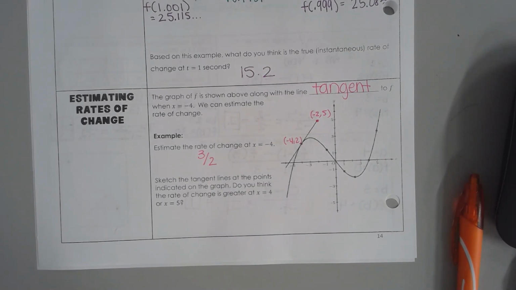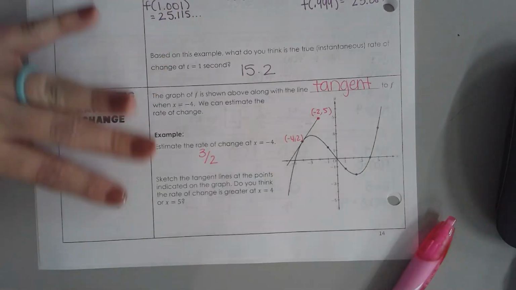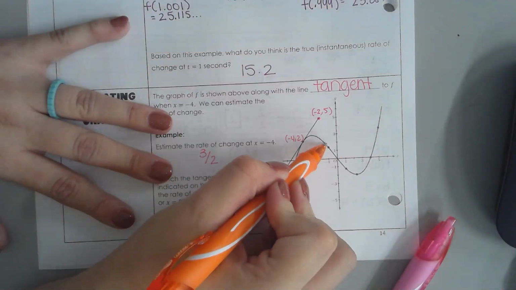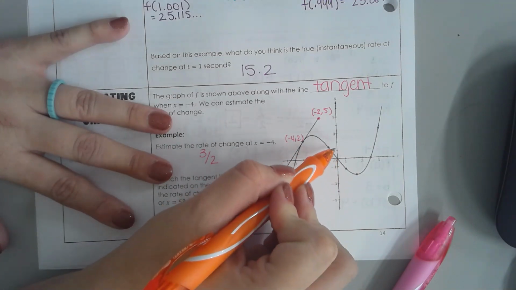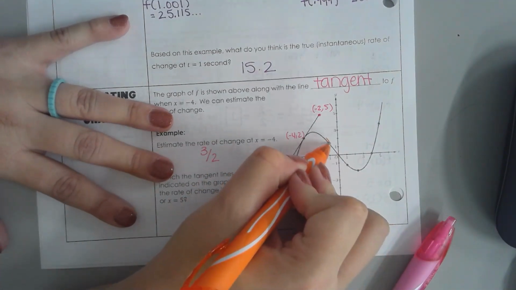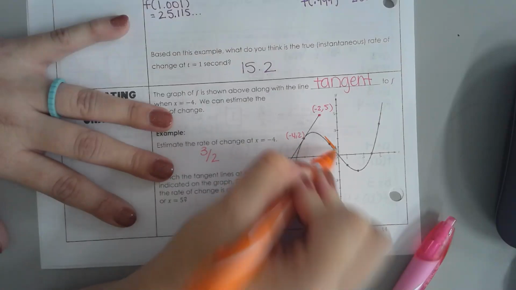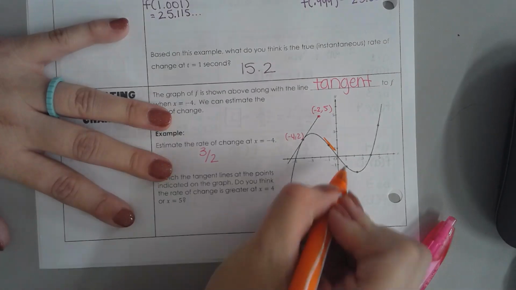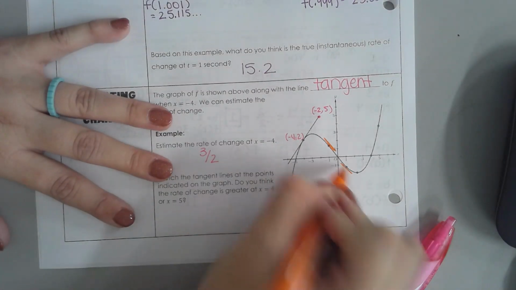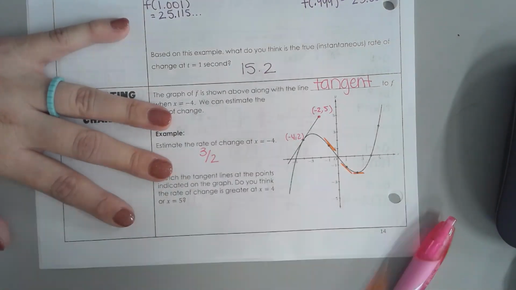They're kind of hard to draw. So if I draw a tangent line over here, I want to draw a straight line that just touches at this point. Okay, it doesn't actually cross through, which is about like that. The shorter that you draw them, the easier they are to draw. Okay. And then that one, and then that one.